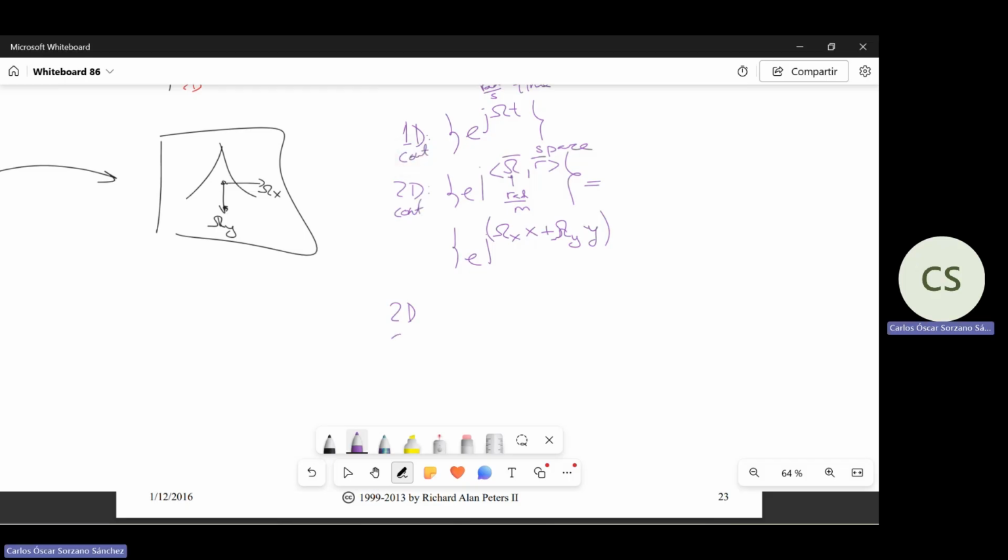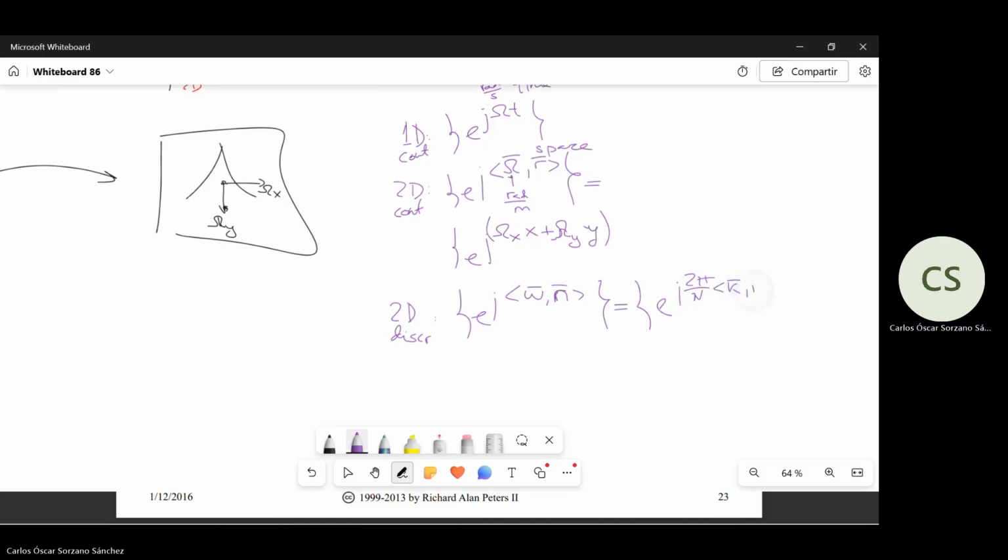And for the 2D discrete, we could define it this way. Omega R, or omega N, if you want. Or you can also define it, this is the same, it depends on the definition. You can also define it this way, as he has done.